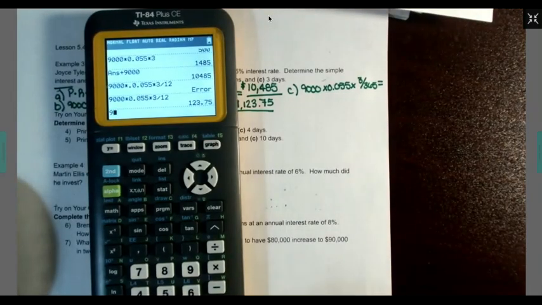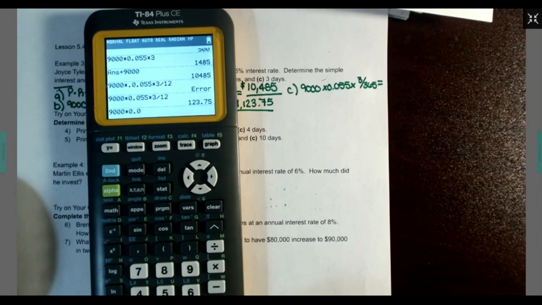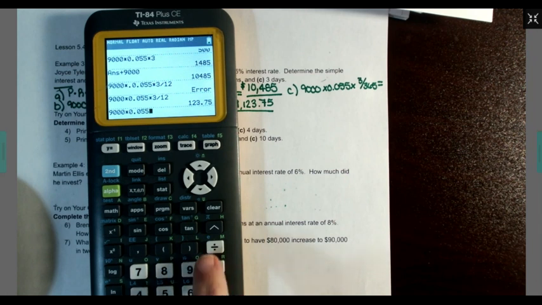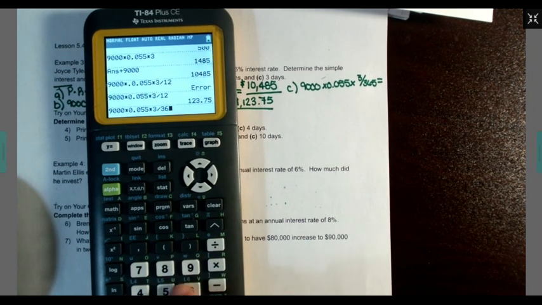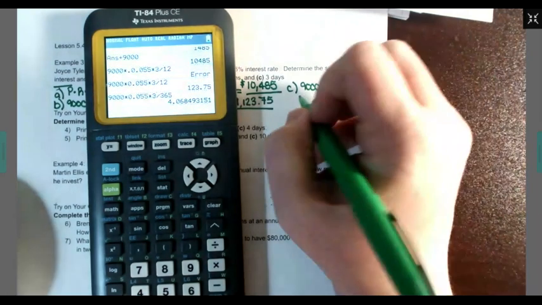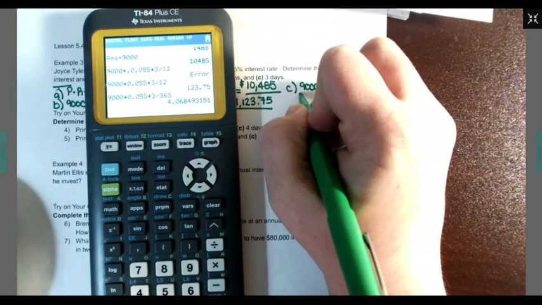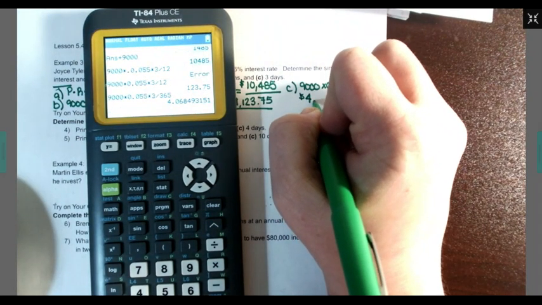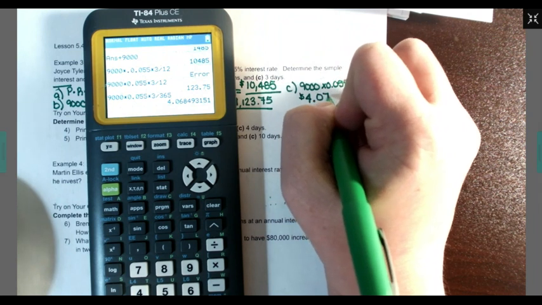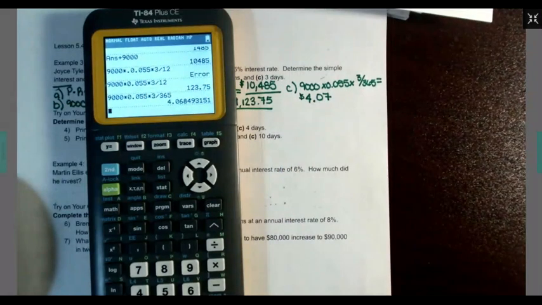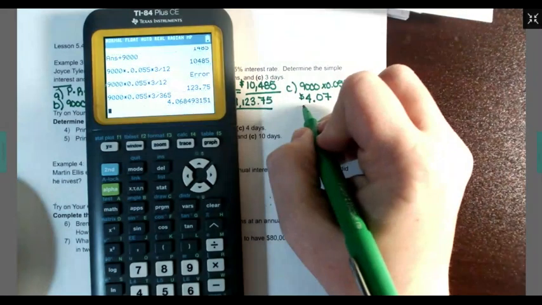So I'm going to do the same thing I just did. 9,000 times 0.055 times 3, but this time we're dividing by 365 days. So in this case, we only earn $4.07. Not very much money there.